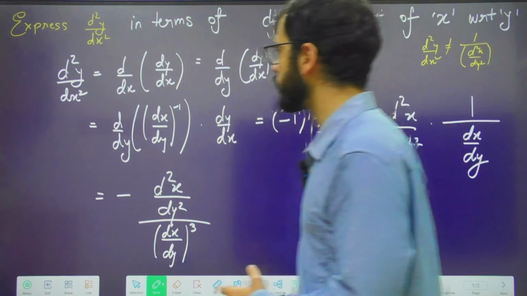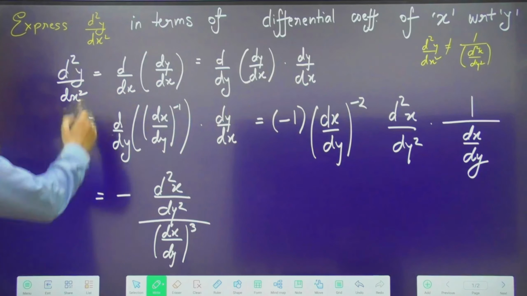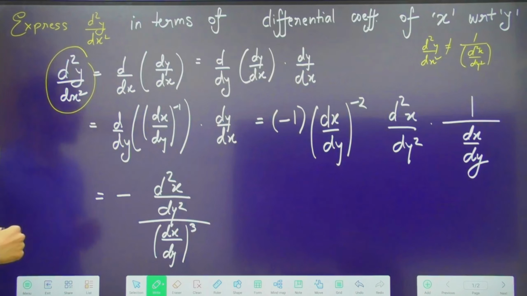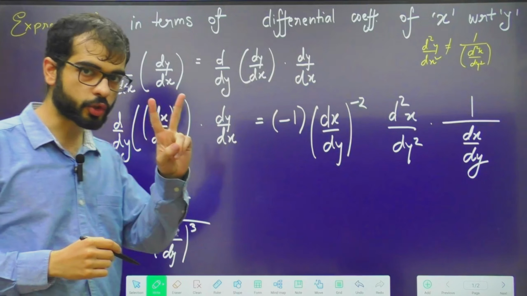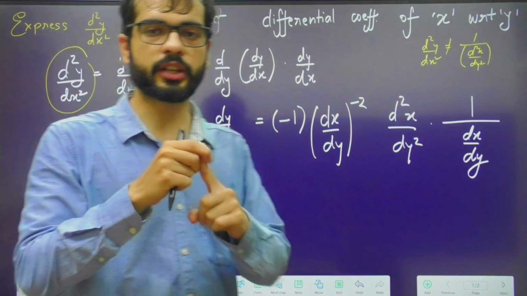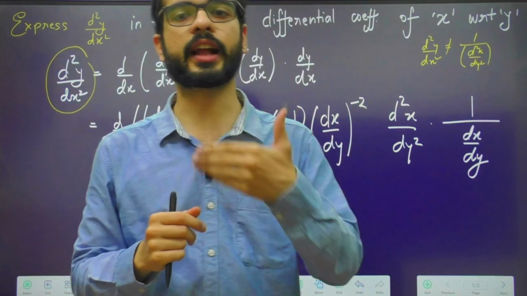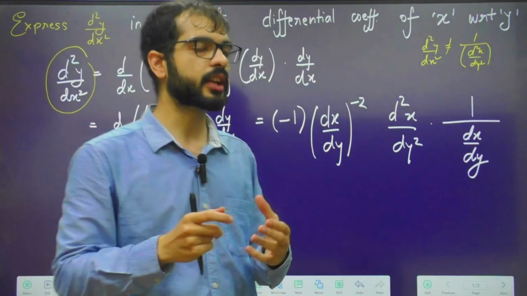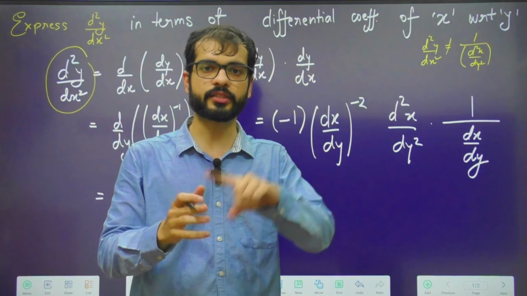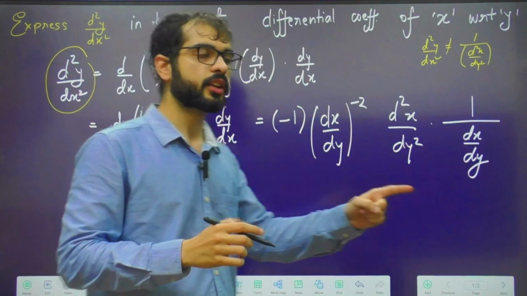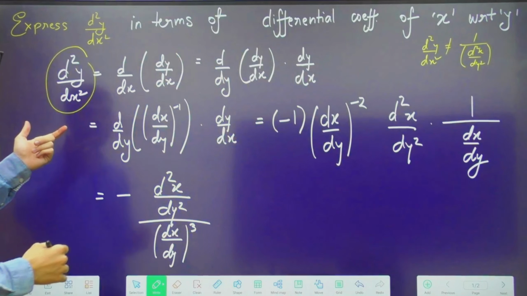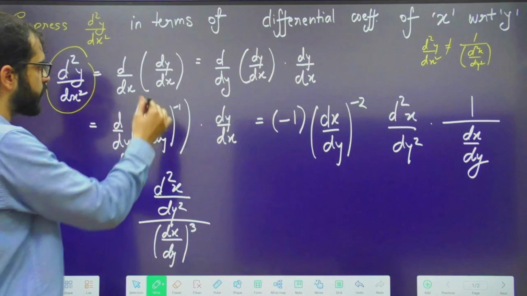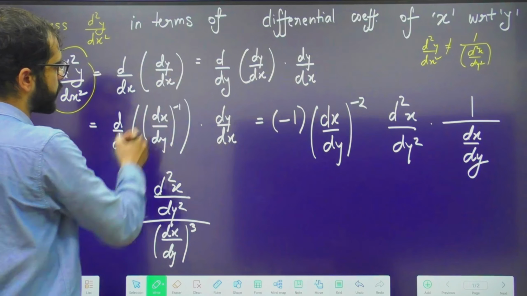So let's try to visualize what's happening over here. This is a higher order differential. That means y has to be differentiated 2 times. Once y has to be differentiated with respect to x, that will give us dy by dx. Then I'm going to differentiate that dy by dx with respect to x again. So I'll get d2y by dx square. So what I just said, d by dx of dy by dx.